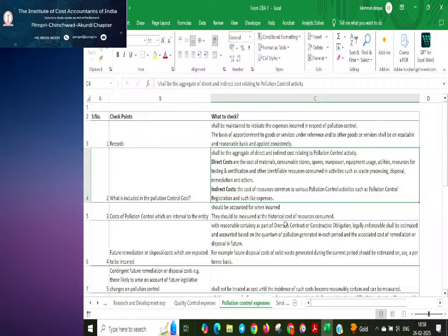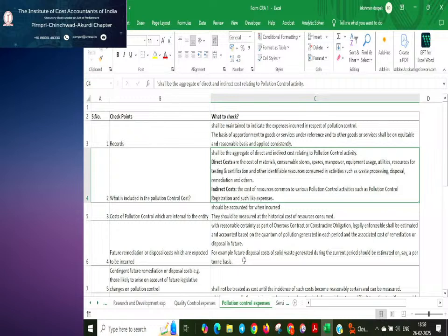But when it comes to costing, are we supposed to take this future remediation or disposal cost which are expected to be incurred? It is not incurred, which are expected. So with reasonable certainty as part of the contract or constructive obligation legally enforceable shall be estimated and accounted based on the quantum of pollution generated in each period and associated cost of remediation or disposal in future.